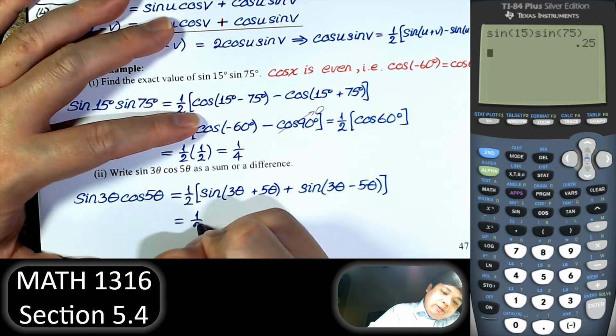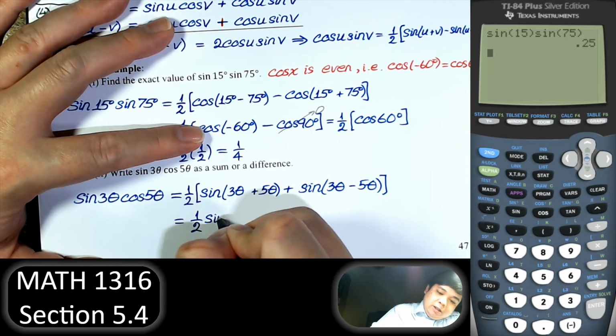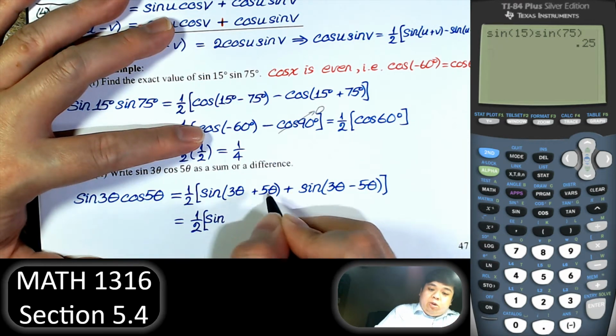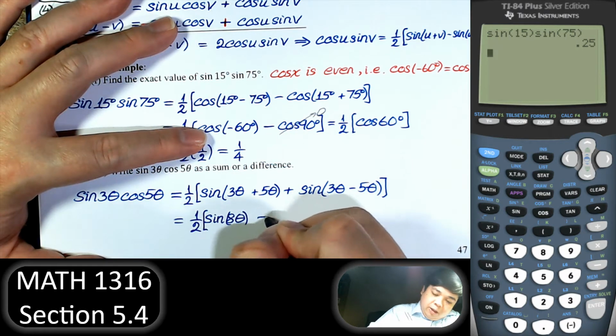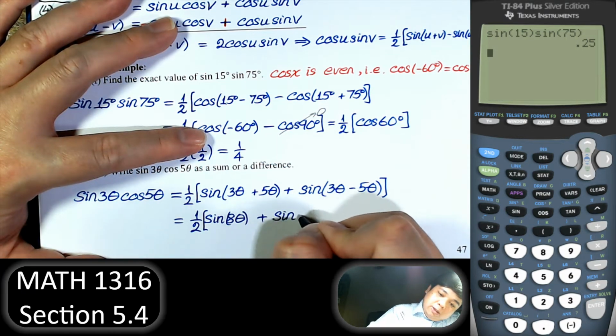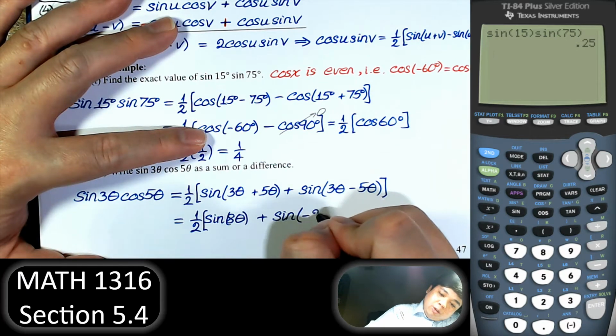So 1/2. Now sine of 3 plus 5 is 8. And here we have sine of negative 2 theta.